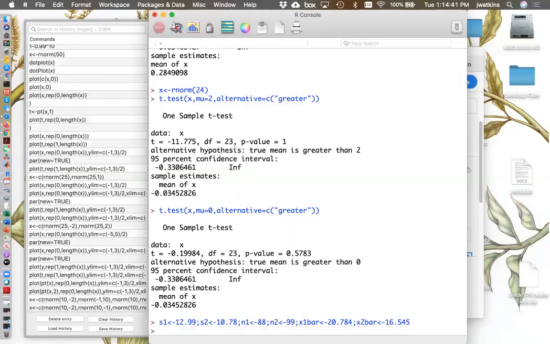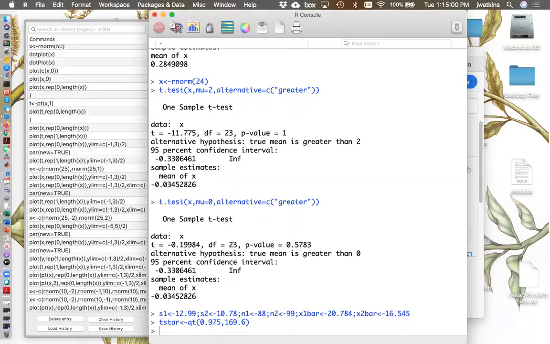I'll do all that. And then I want a T star, and that's going to be the critical value for the T distribution. I want 95% and 169.6 degrees of freedom, more or less. I can't remember exactly, but there it is.